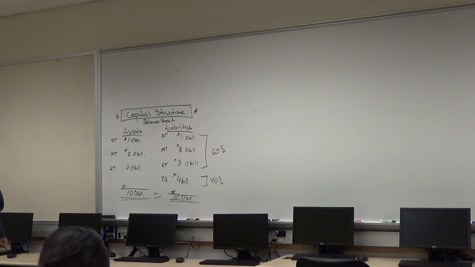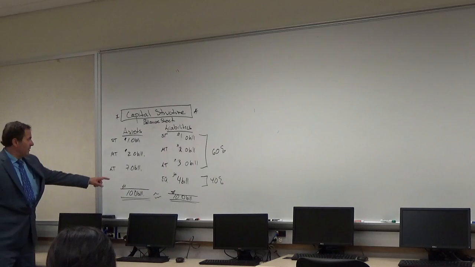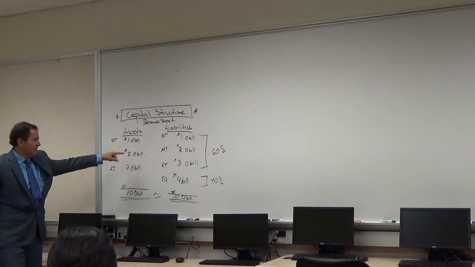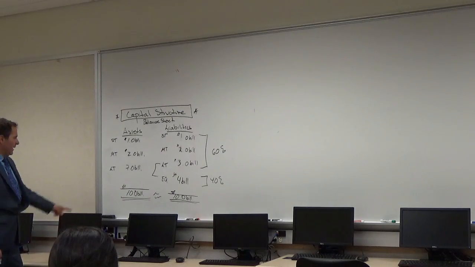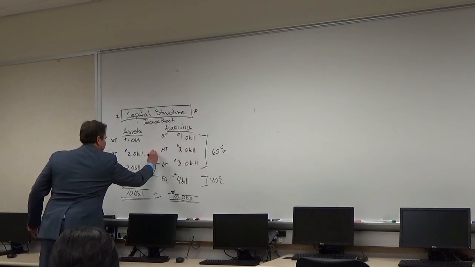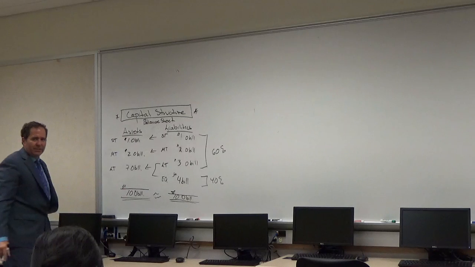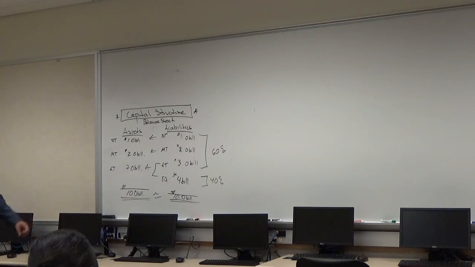Does that look right? Yes. I'm using long-term debt and long-term equity to finance the long-term assets. So I'm matching the economic lives of the assets with the maturity of the liabilities.